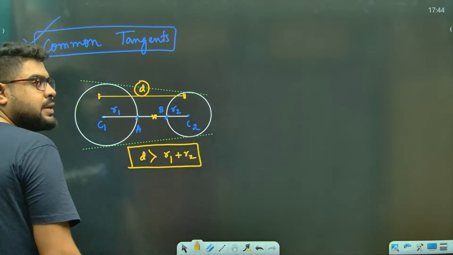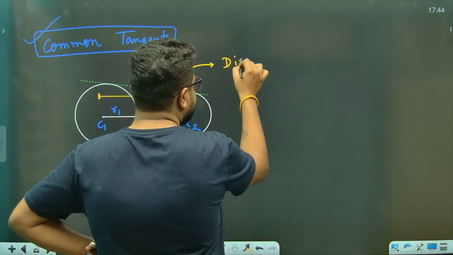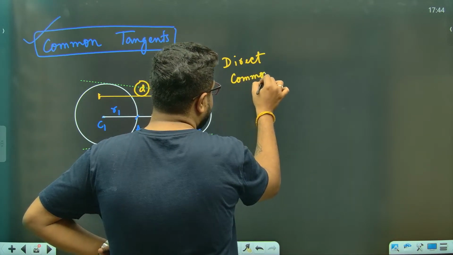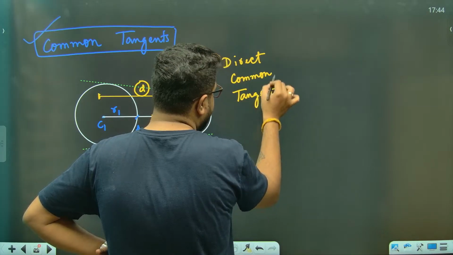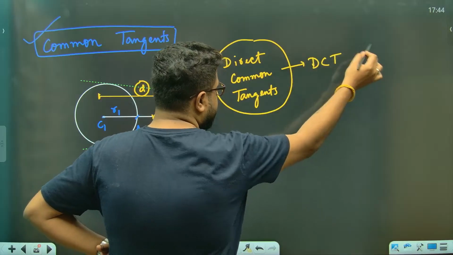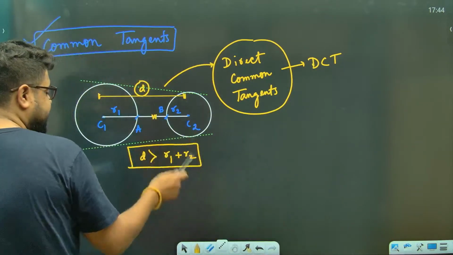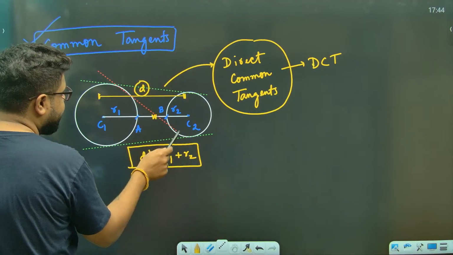Perfect, sir. These two are called direct common tangents, and we can figure out their lengths as well, don't worry. In short, we call it DCT. And sir, there is another common tangent that we can draw, another couple actually. So one will look something like this, sir.